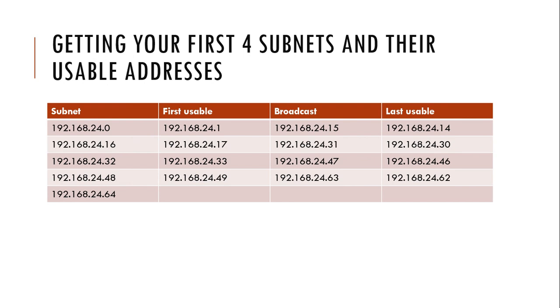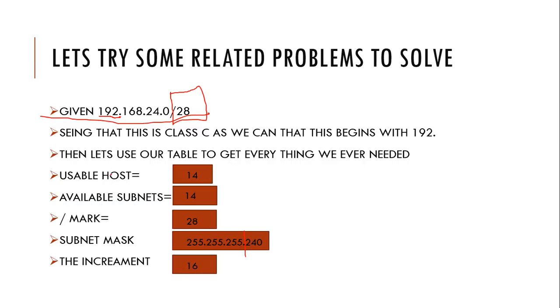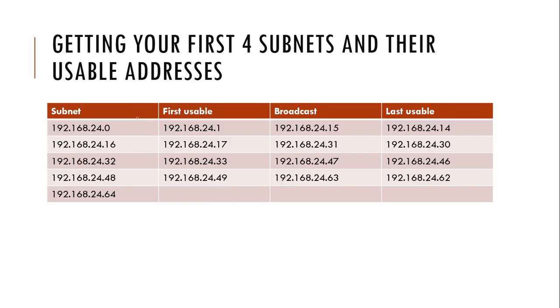Okay, here we are getting your first 4 subnets and their usable addresses. Your first subnet will always be the subnet that you were given. Here is the subnet that we were given. Having this subnet, we have our increment. Our increment is on the 4th octet, so we're gonna increment on the 4th octet.